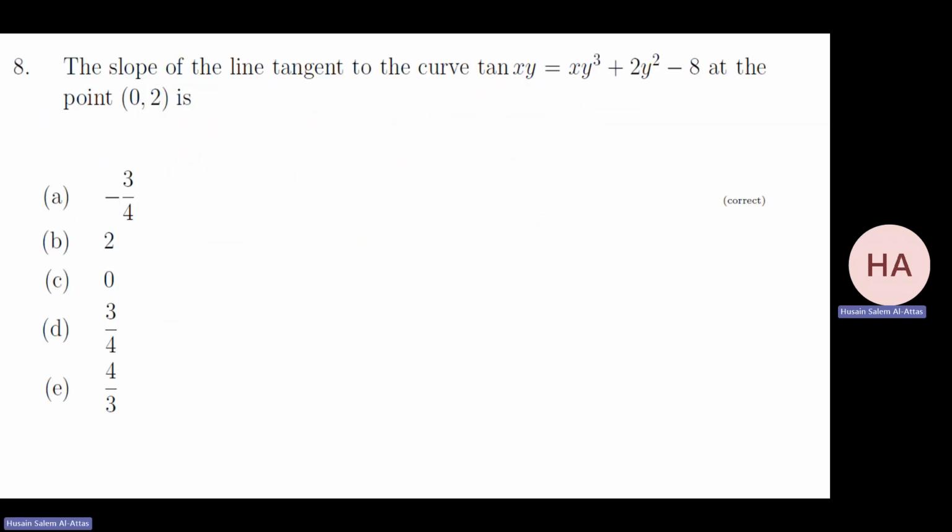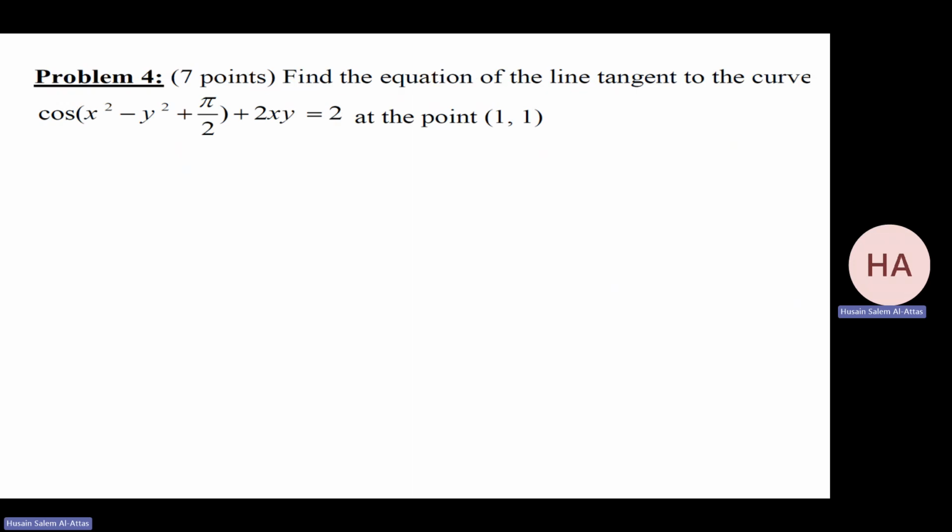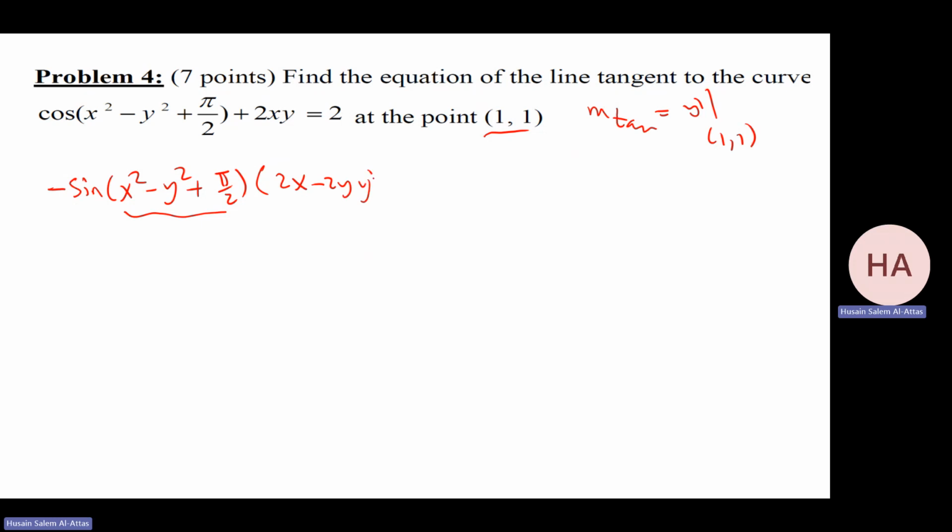Find the equation of the line tangent to this curve at the point 1, 1. No, find the derivative. You find the equation. What is it? Yeah, find the equation of the line tangent to this curve at this point. So I need m tangent, which is y prime at 1, 1. What will that be? Minus sine of x squared minus y squared plus 5 over 2, in the derivative of this: 2x minus 2y y prime plus 2y plus 2x y prime equals 0.